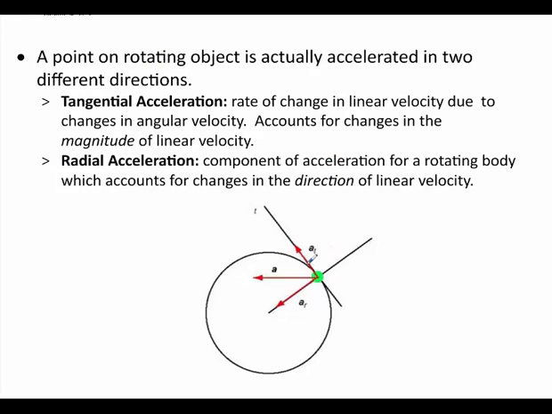A point on a rotating object is actually being accelerated in two directions. So I can have angular acceleration as it goes around. When I have angular acceleration, if I multiply it by the radius, I will just get the tangential acceleration at that instant in time.